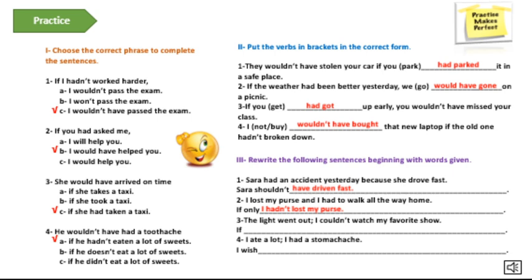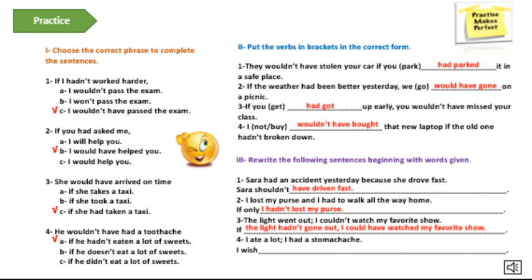So, if the light hadn't gone out, I could have watched my favorite show. So the verb here is went in the past simple. But if I'm using the conditional type 3, I have to put the verb in the past perfect simple. So it became hadn't gone. Okay? If the light hadn't gone out, I could have watched my favorite show.